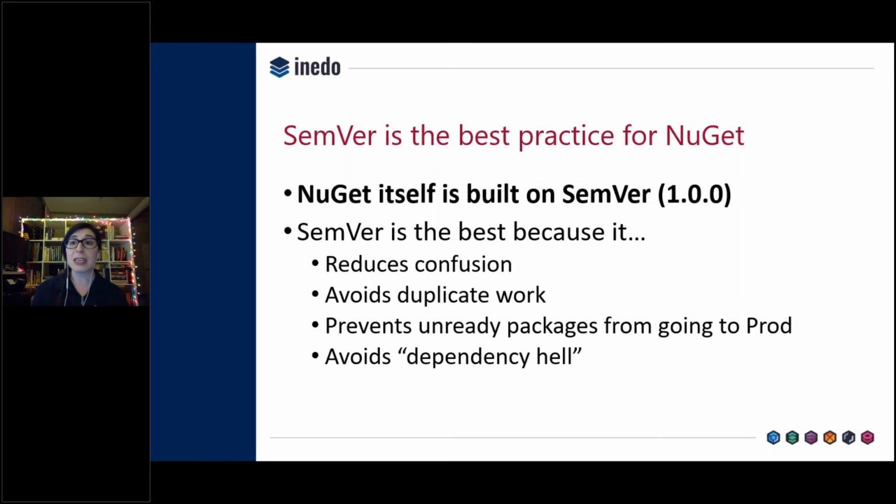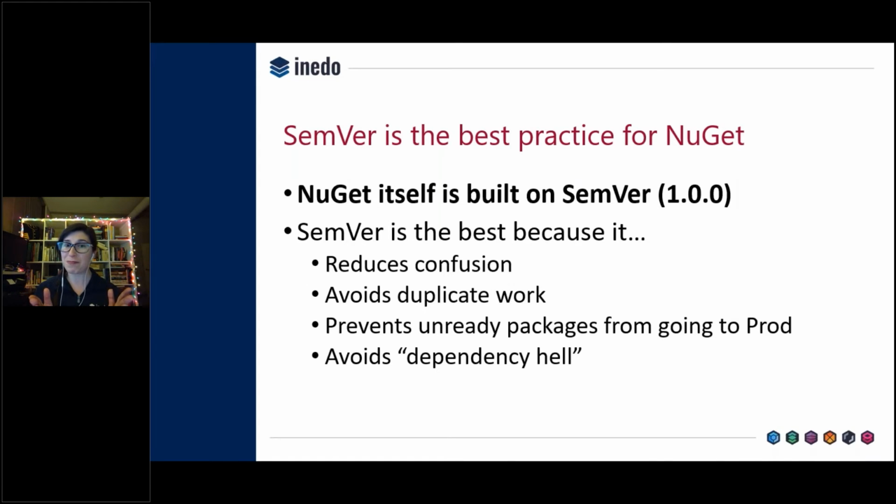Semantic versioning is so important because it reduces confusion, it avoids duplicate work, and it prevents production-unready packages from going to production and helps you avoid dependency hell, right? Which is where we use that term a little bit lightly. It means using a package means using its dependencies, which you may not realize are incompatible with other versions, and then you change it, and then you can't figure out where the break is.